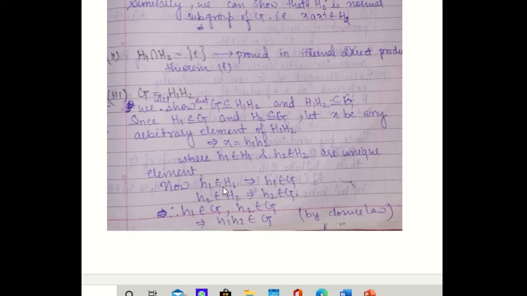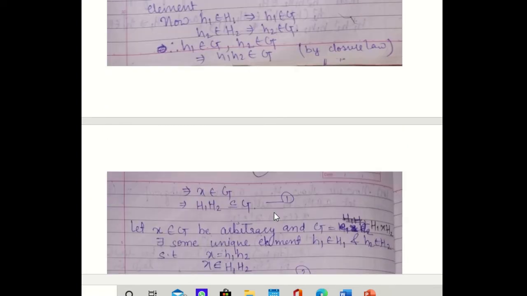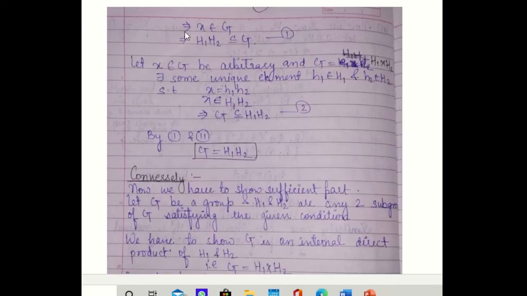Now, small h1 belongs to capital H1 implies small h1 belongs to G, as G is a group and H1 is a subgroup. Similarly, h2 belongs to G. So now h1 belongs to G and h2 belongs to G. This implies h1 h2 belongs to G by closure law. So h1 h2 is x, and x belongs to G. So this implies the product H1 H2 is contained in G.